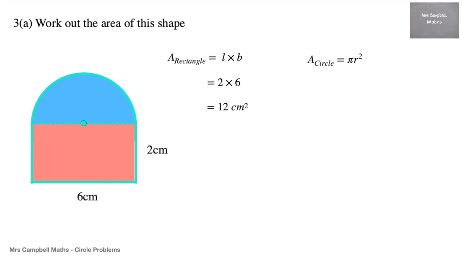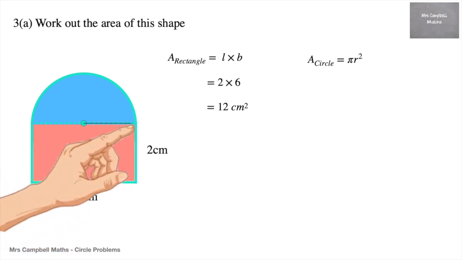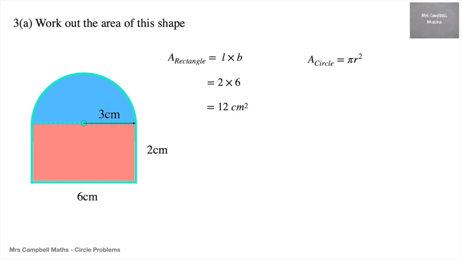Now we don't want the diameter, we want the radius, but remember the connection. So here's the radius here from the centre to the circumference. That's half of that line. It would be 3 centimetres. So not immediately obvious. You had to look at your diagram carefully and add information to your diagram.